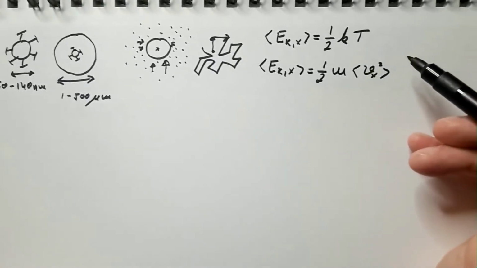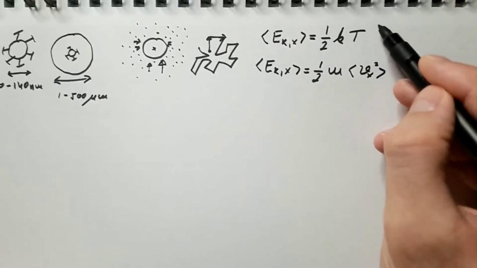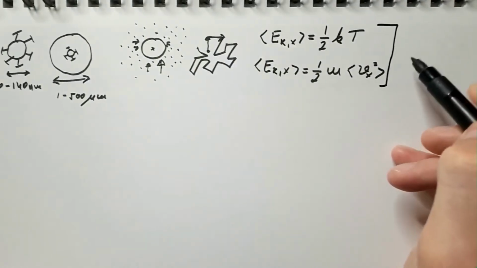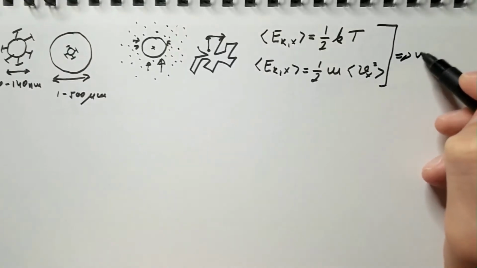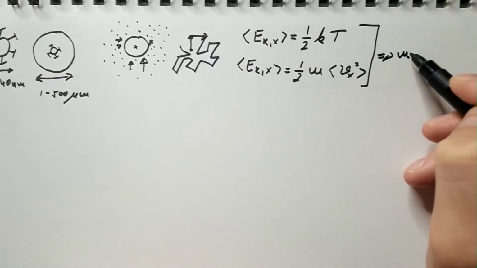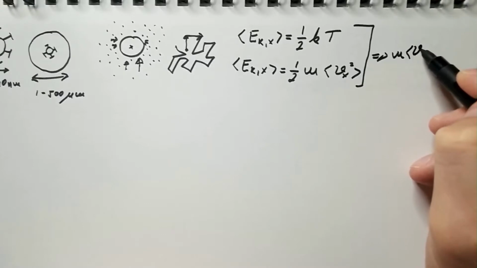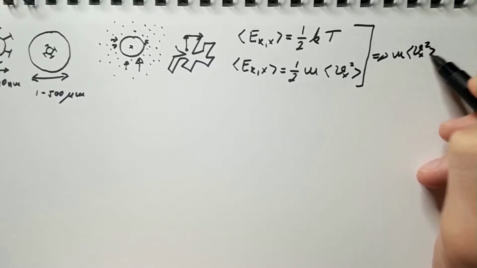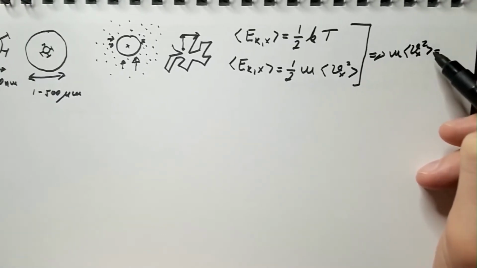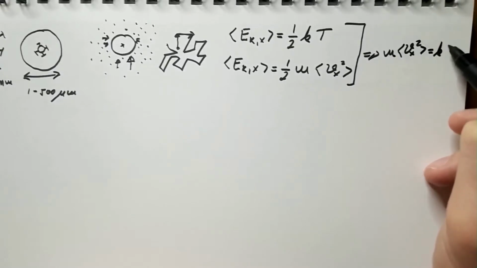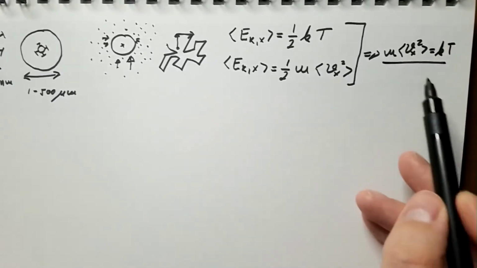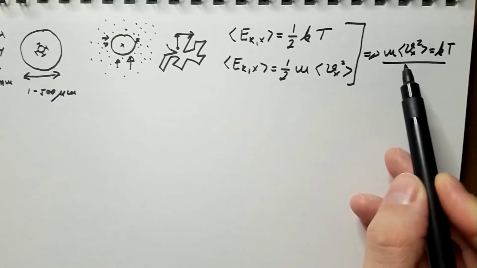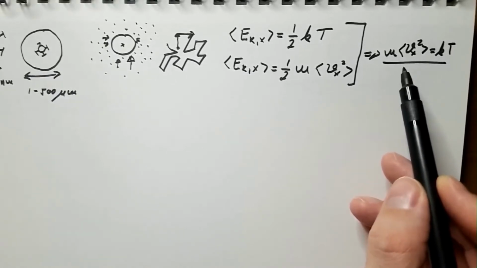So if I just combine these two equations, I can already see that mass times velocity squared, but mean, is equal to kT. And this is an equation that we will use later in our derivation.